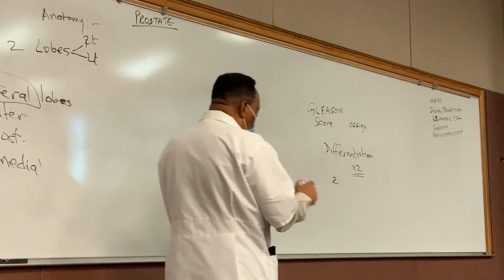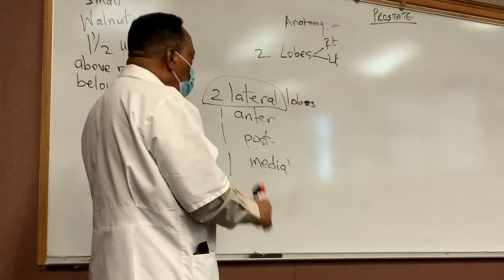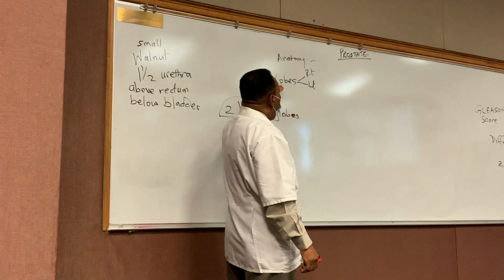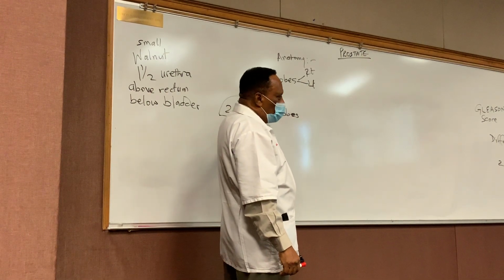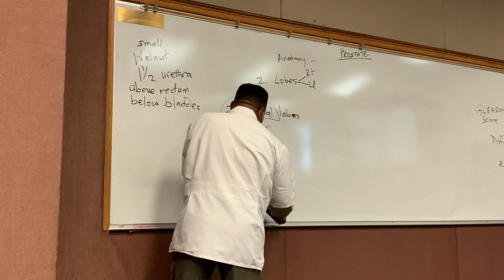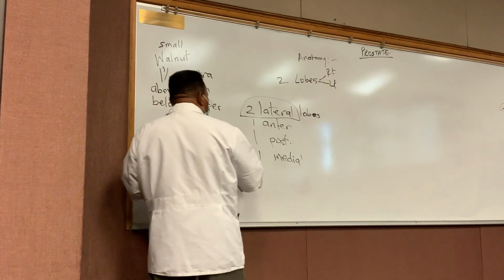So the Gleason number, we want it to be as low as possible, but it's actually referring to the activities that are going on in these right and left lobes. But anatomically, it actually has five lobes.